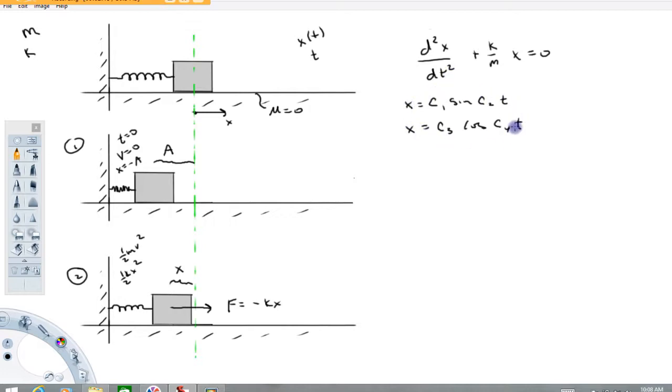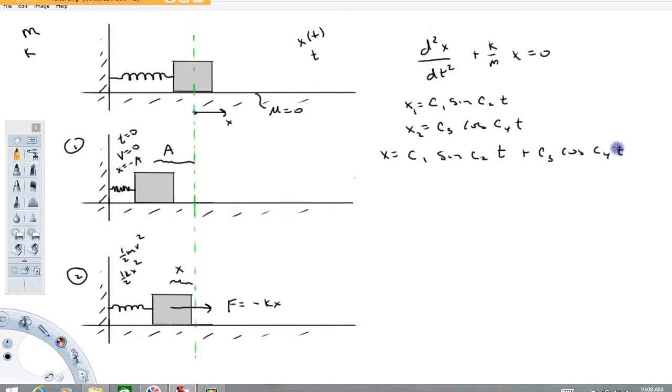Now, hopefully you've watched either my videos or some other videos on how to solve differential equations, but here's a fact about linear differential equations. If I have two functions like x1 and x2 that solve a given system, the sum of the two also solves it. And the sum of the two is what's called the general solution here. So the general solution of this equation looks something like this: C1 sine of C2 t plus C3 cosine of C4 t.